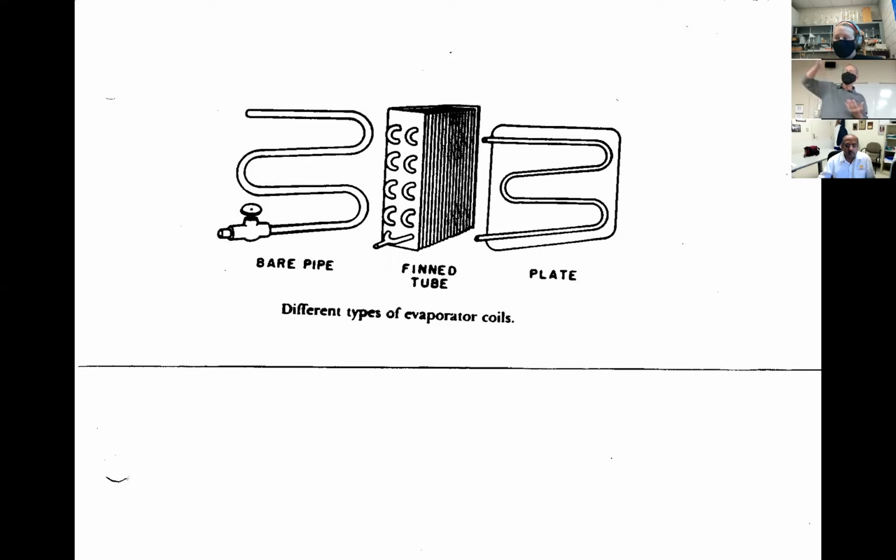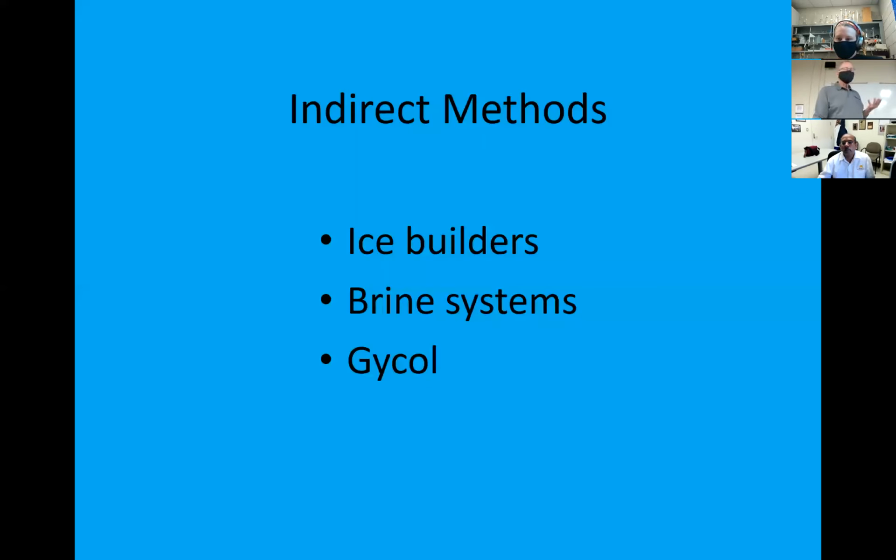You've got all that little grating there, and that's what you're doing. So those are direct. Now indirect. What occurs in an indirect is you're utilizing that refrigeration system just as I described it. You've got the vapor going in.